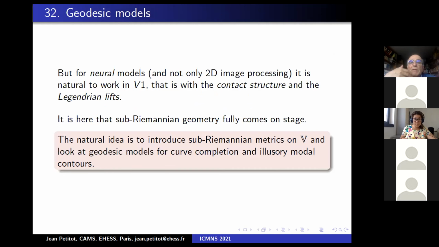But for neural models, and not only 2D image processing, it is natural to work in V1 with its contact structure and the Legendrian lifts. And it is here that sub-Riemannian geometry fully comes on stage. The natural idea is to introduce sub-Riemannian metrics on V1 and look at geodesics as models for curve completion and illusory contours.